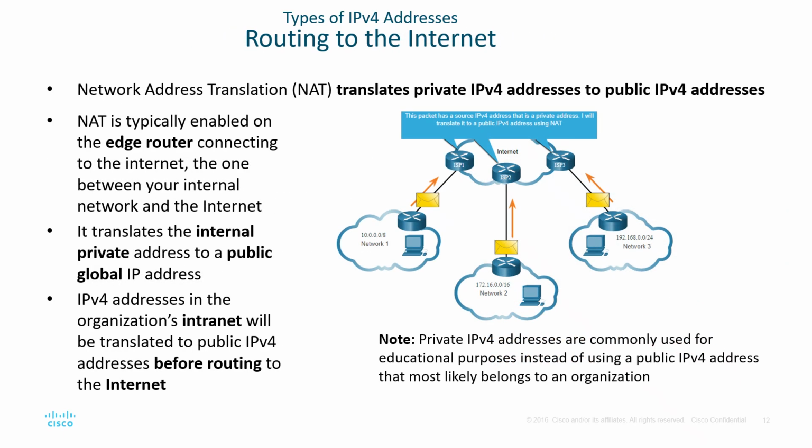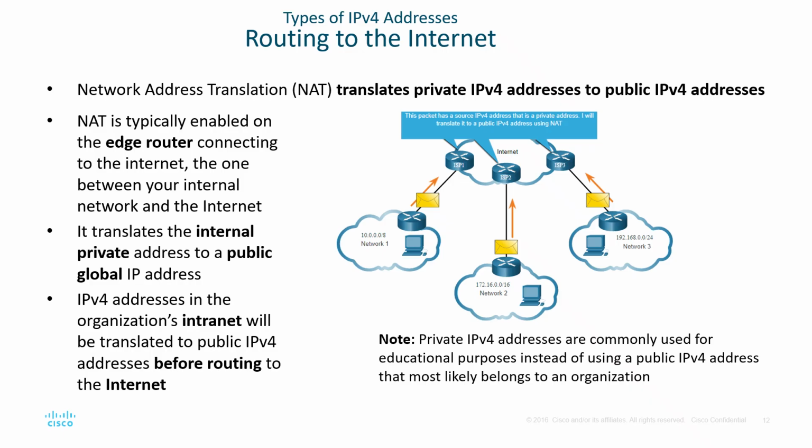Now, we talked a little bit as well about network address translation. So network address translation, NATing, translates private IP4 addresses to public IP4 addresses. It is typically enabled on the edge router, or typically called a border router, the one that is connecting to the internet.